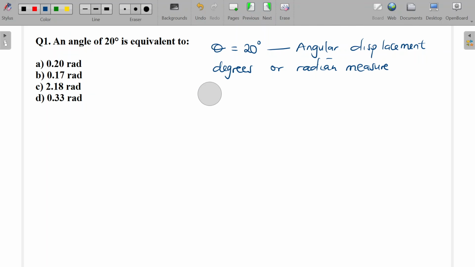that 360 degrees is equivalent to 2 pi rad. Then you're going to get the angle they've given you, which is 20 degrees, and equate it to x. Then you cross multiply, you're going to have 360x is equivalent to 20 times 2 pi.